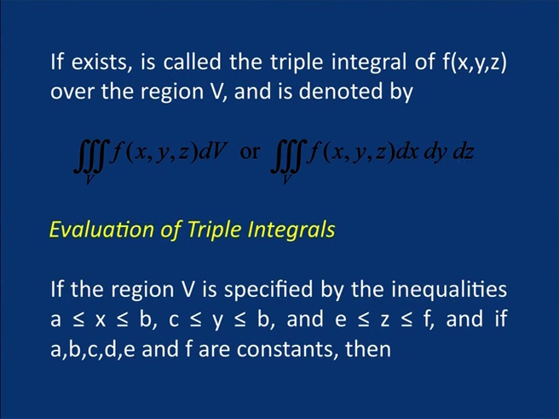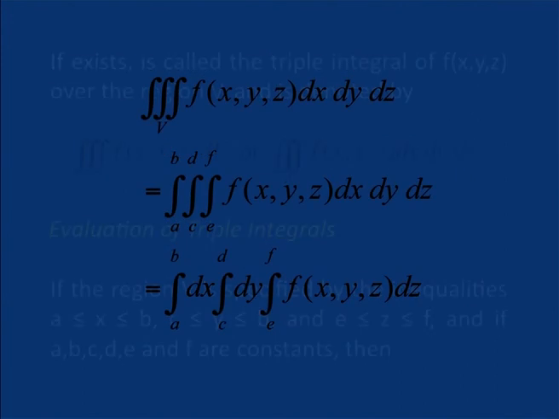Evaluation of triple integral: if the region V is specified by the inequalities a less than or equal to x less than or equal to b, c less than or equal to y less than or equal to d, and e less than or equal to z less than or equal to f, and if a, b, c, d, e and f are constants, then the triple integral of the function f(x, y, z) over the region bounded by x from a to b, y from c to d, z from e to f is as follows.